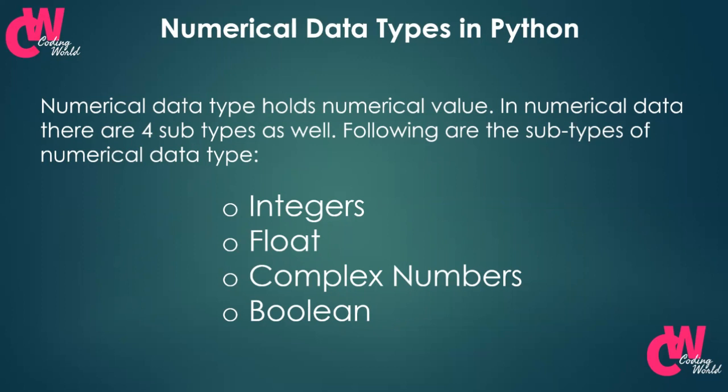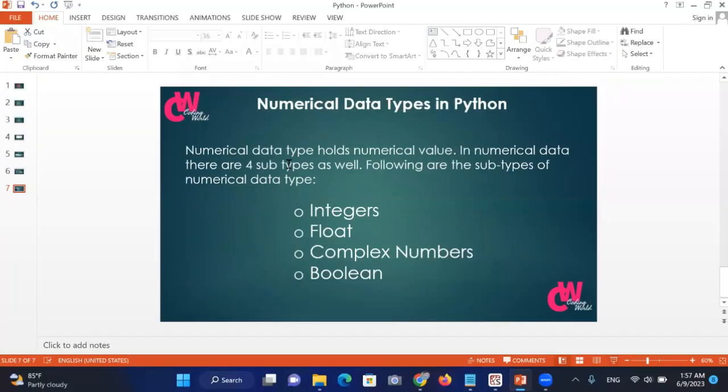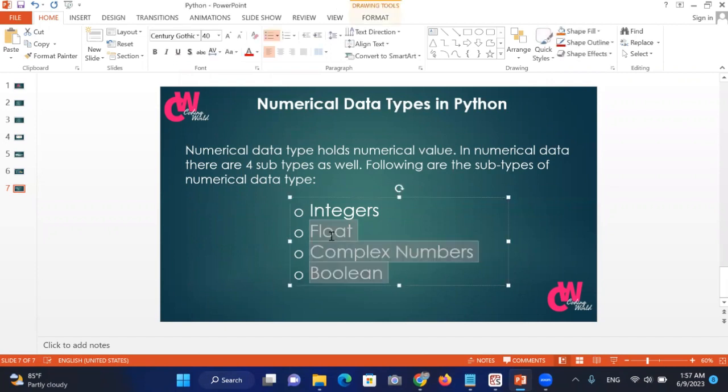You can see on your screen the 4 numerical data types: integer, float, complex numbers, and booleans. Don't worry, I'll explain them one by one, but I think this video is getting long, so we will discuss these things in our next video. Stay tuned and we'll meet soon.